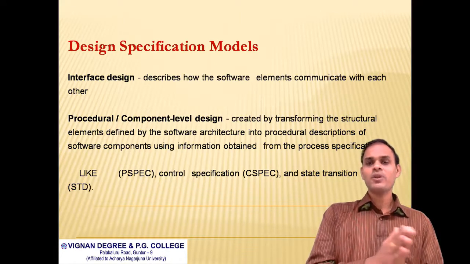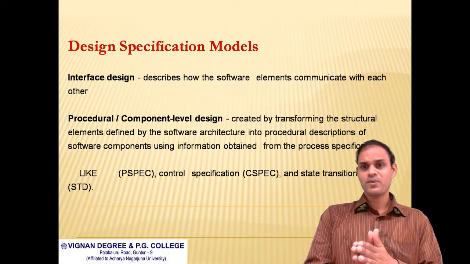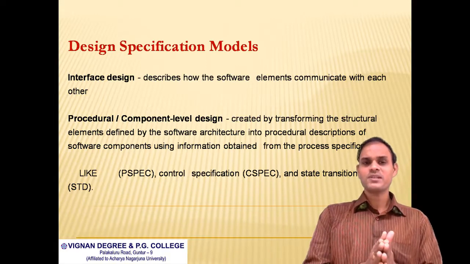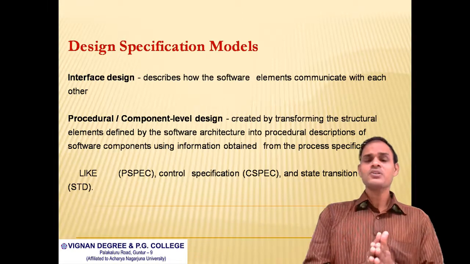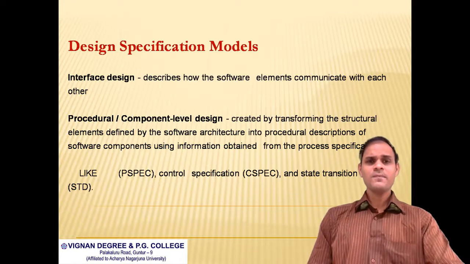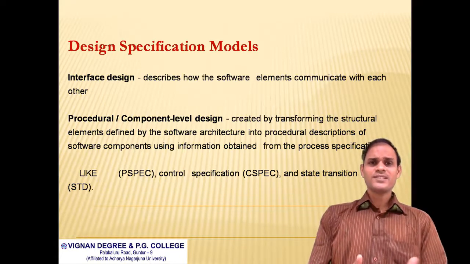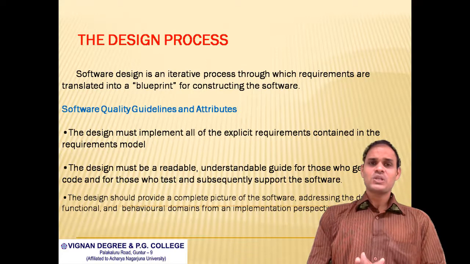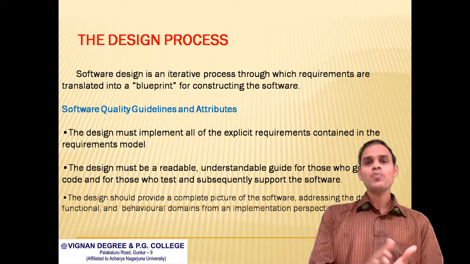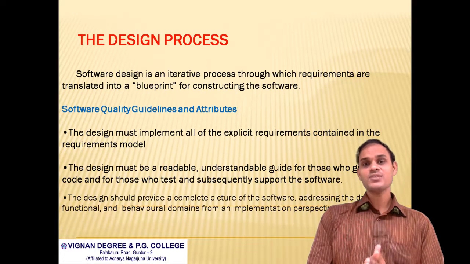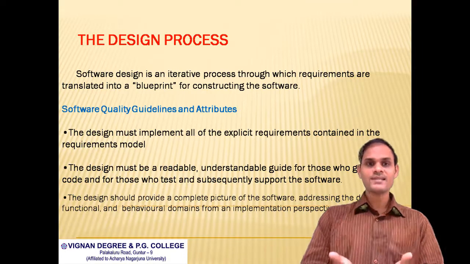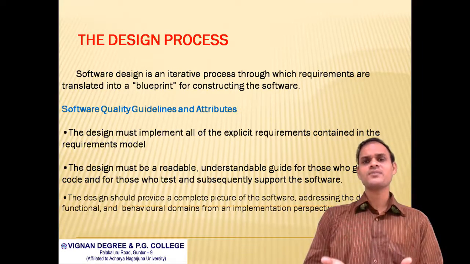We can represent the information process with the control specification as well as the state transition diagram. These are the diagrams we discussed in the last section. Next, the designing process: software designing is an iterative process through which requirements are translated into a blueprint for construction. I already defined this in the previous slide.